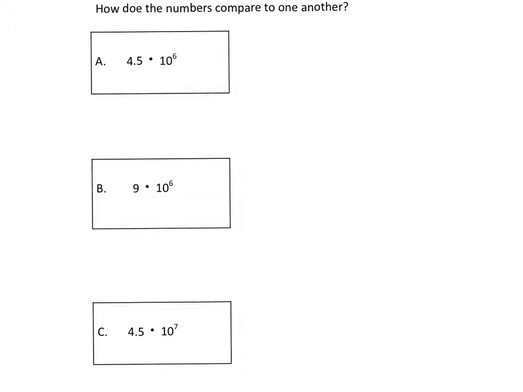Now for the last page, we're asked how do the numbers compare to one another? Well, we should note that 4.5 times 10 to the 6th, we move the decimal point 6 spaces. 1, 2, 3, 4, 5, 6.